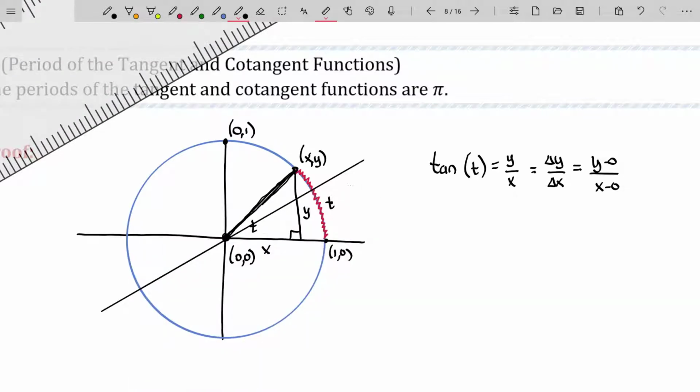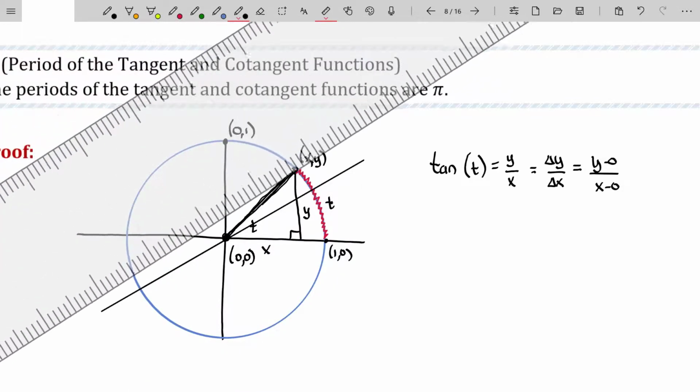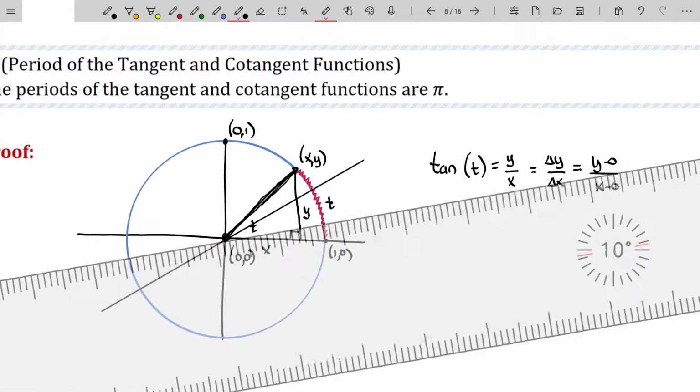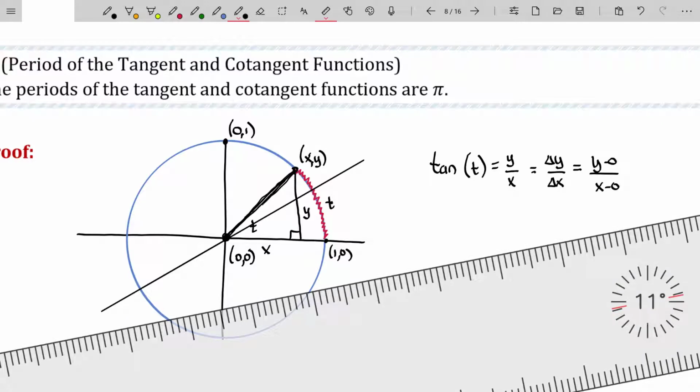So once we get past 180 degrees, we start repeating our conversation, and there's no point to repeat our conversation once we have gotten past 180 degrees or pi. And again, this is not a proof, but a justification.